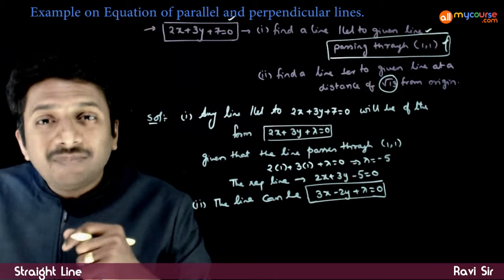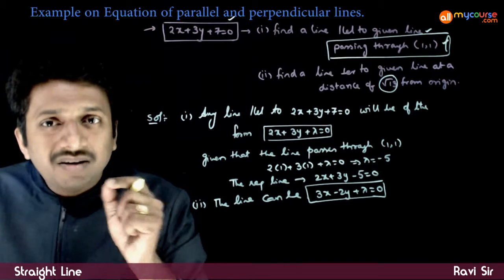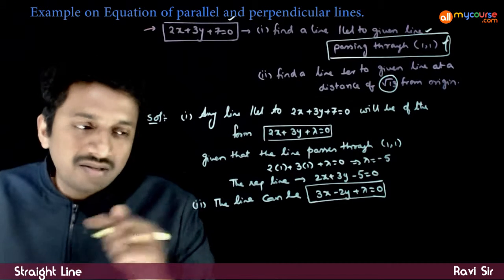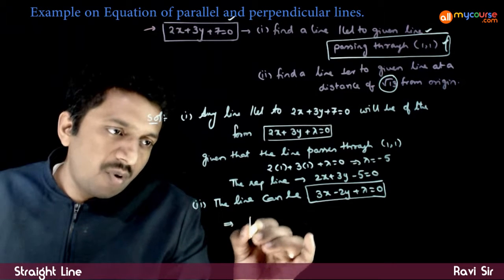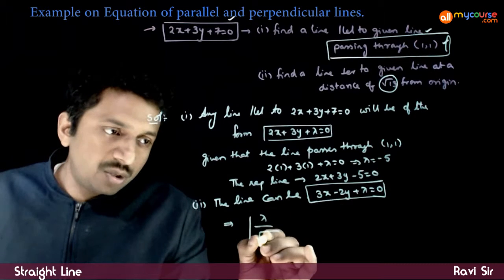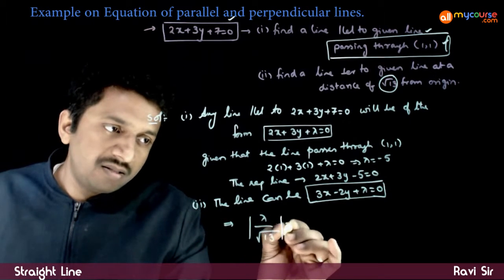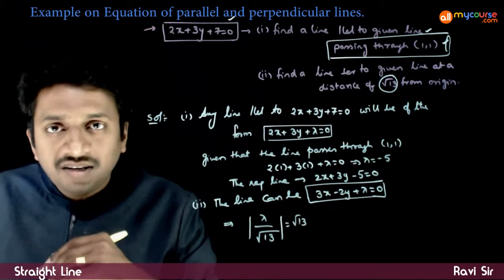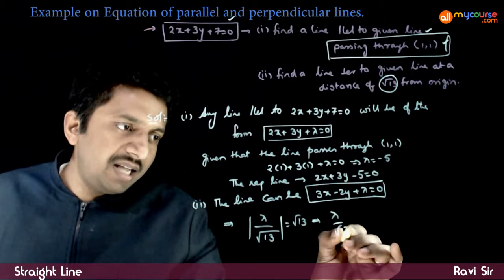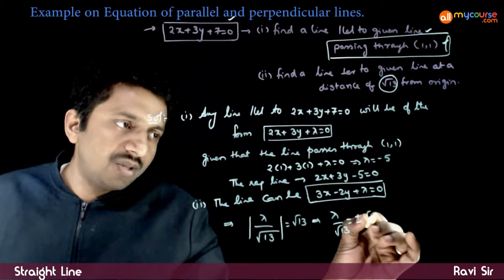But I don't want any line. I want that particular line which is at a distance of root 13 from origin. This implies modulus of lambda by root of 3 square plus 2 square is equal to root 13. This implies lambda by root 13 is equal to plus or minus root 13.